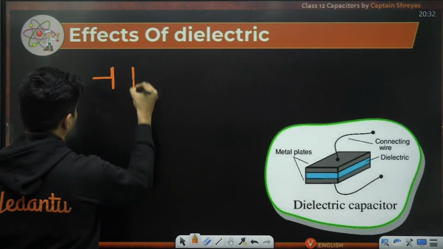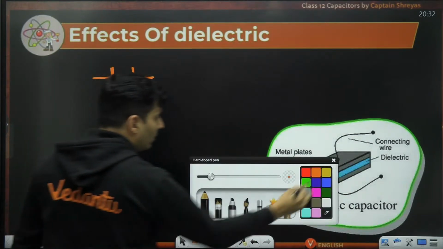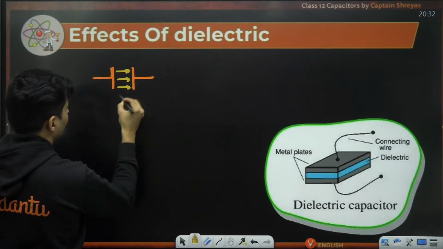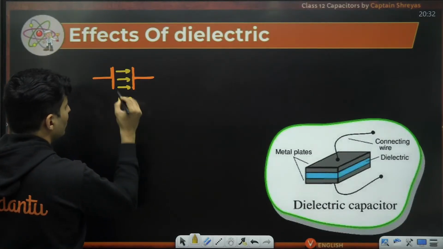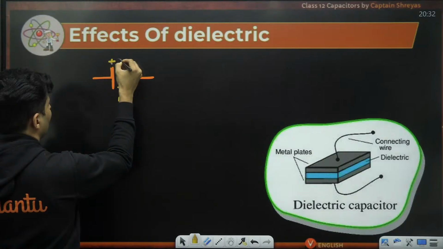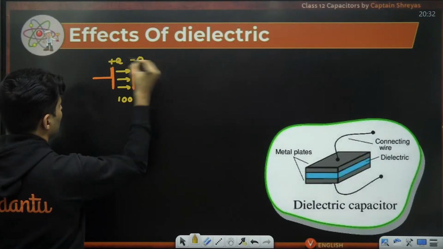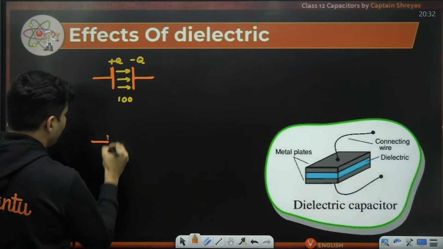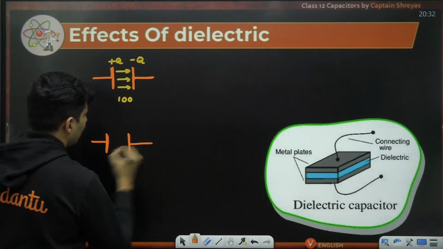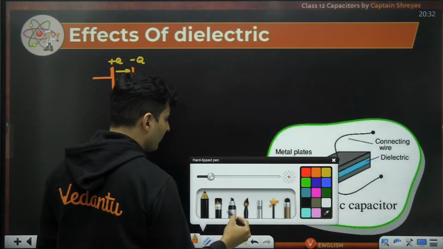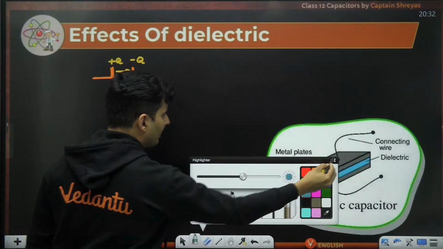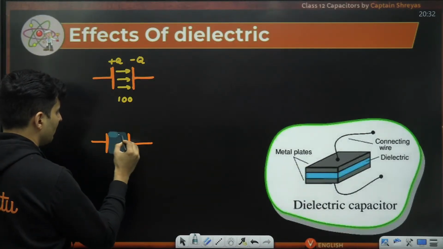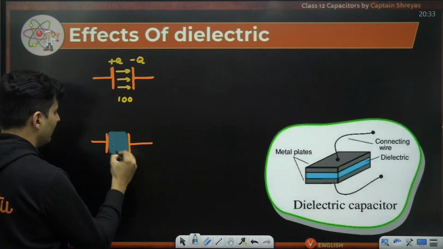Let's say the field in it is 100 units when there is a charge of plus q and minus q stored on it. Now I fill the space between the capacitor plates with some dielectric medium.